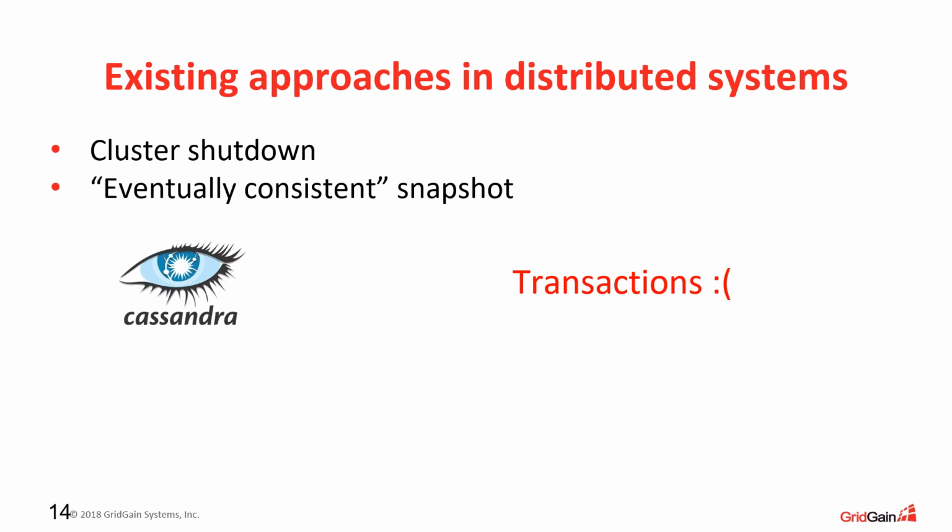So when you create a snapshot in Cassandra, several different versions of partitions may appear in the snapshot, but it's still okay because after the restore, inconsistencies between partitions will be fixed by read repairs.